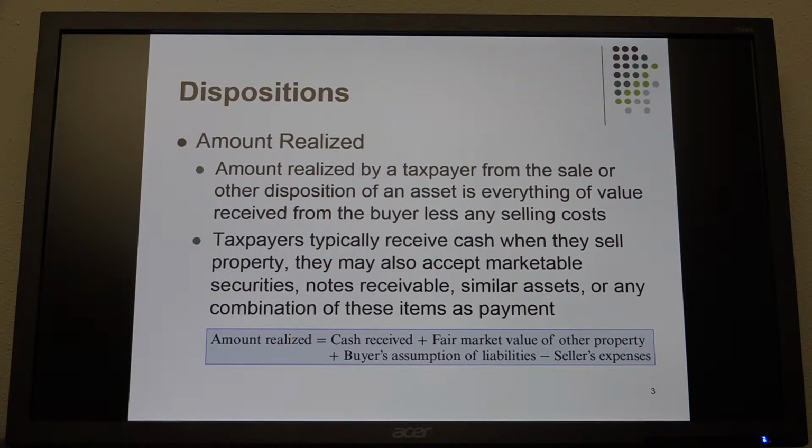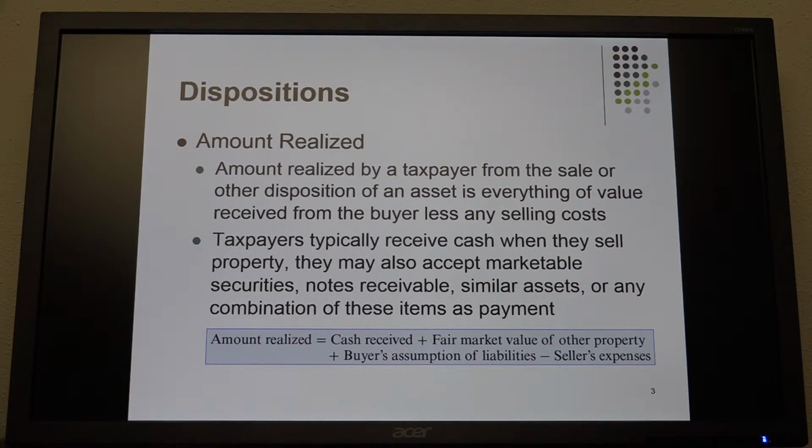And so the formula for figuring out the amount realized is cash received plus fair market value of any other property received plus buyer's assumption of liabilities minus seller's expense.